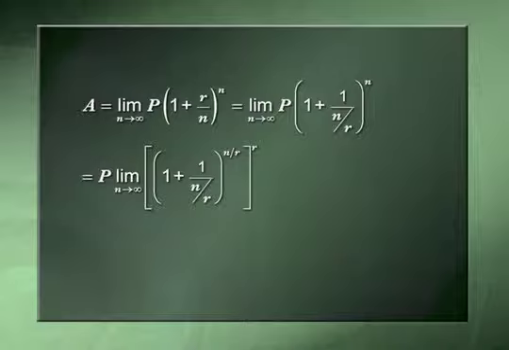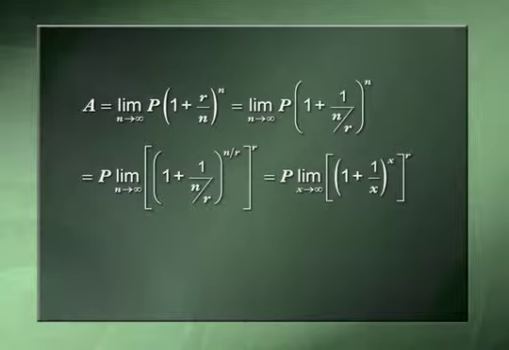Imagine in your mind that X equals N over R. So as N goes to infinity, N over R goes to infinity, so X goes to infinity. So I can rewrite this as follows. It's P times the limit as X goes to infinity of 1 plus 1 over X to the X power. And then there's an R sitting way outside. Do you recognize that character sitting there?